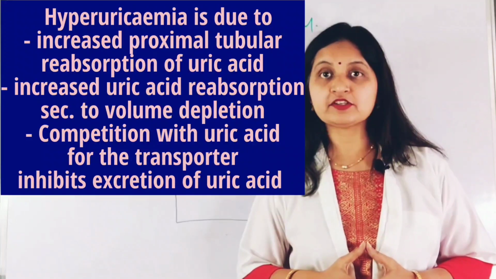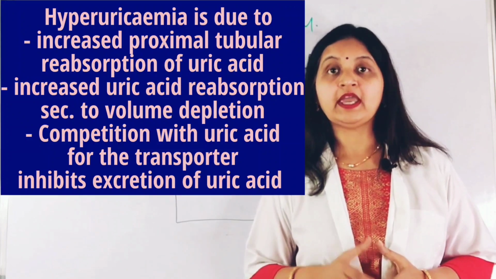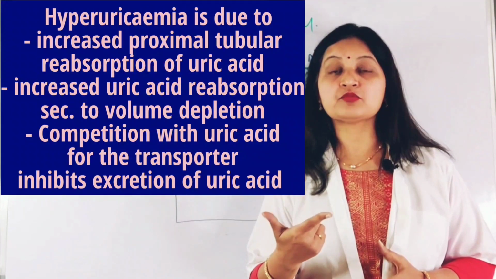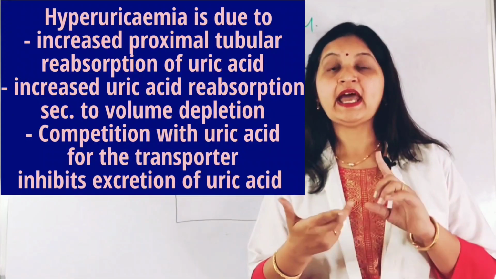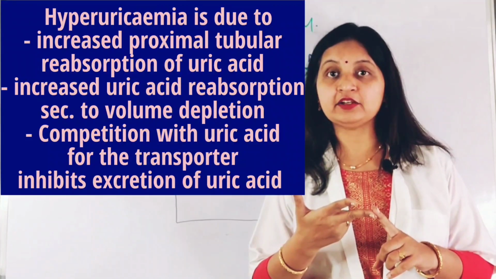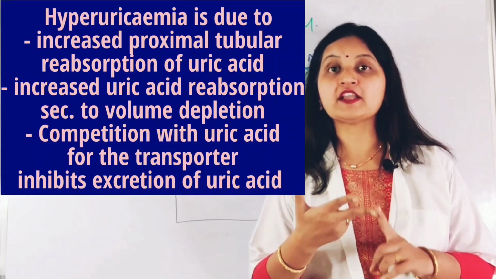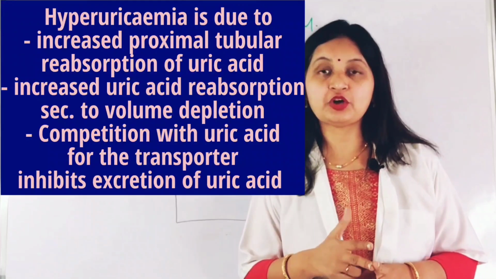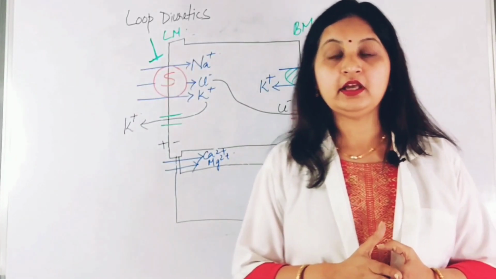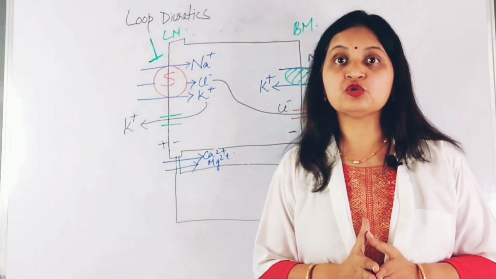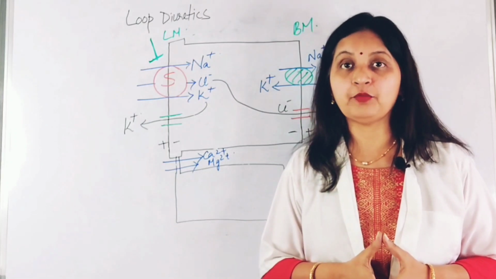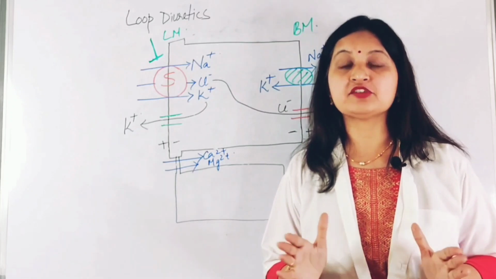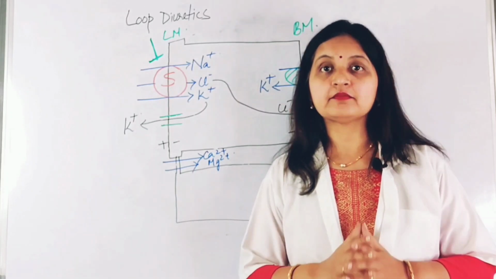Hyperuricemia due to chronic administration of loop diuretics is due to increased proximal tubular reabsorption, increased uric acid reabsorption secondary to volume depletion, and thirdly, competition between the diuretics and the uric acid for the transporter that operates at the tubule, thus inhibiting the excretion of uric acid into the lumen. So these are the factors that lead to accumulation of uric acid in the body causing hyperuricemia, and this happens because of chronic administration of loop diuretics.